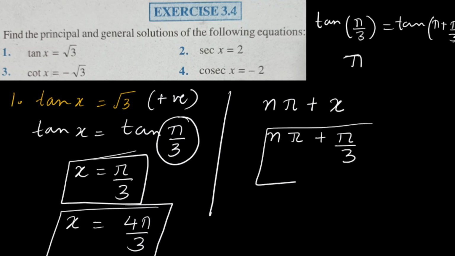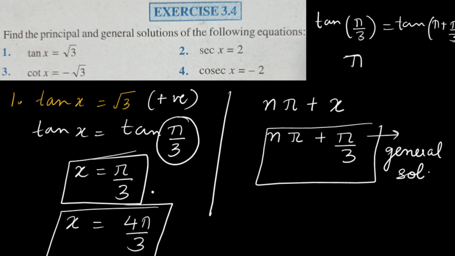This is the general solution, as it contains n. So I got two principal solutions, pi by 3 and 4 pi by 3, and one general solution, n pi plus pi by 3, with tan's general solution formula.